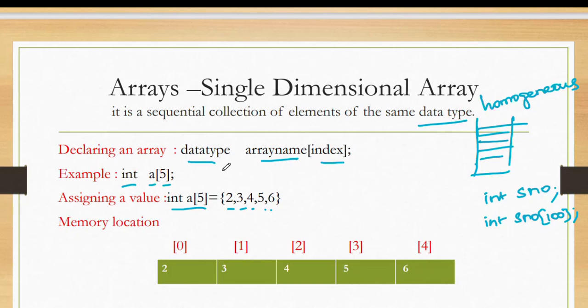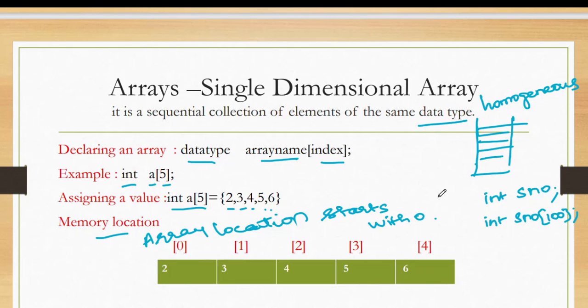Normally the array location, the memory location, always starts with 0. We can change that, but normally it starts with 0.